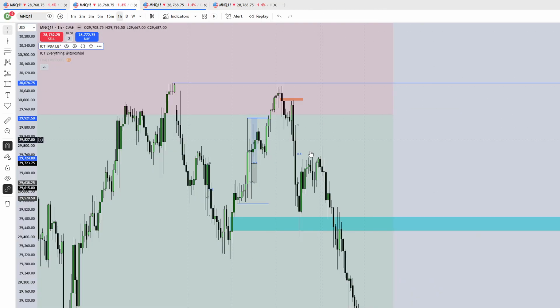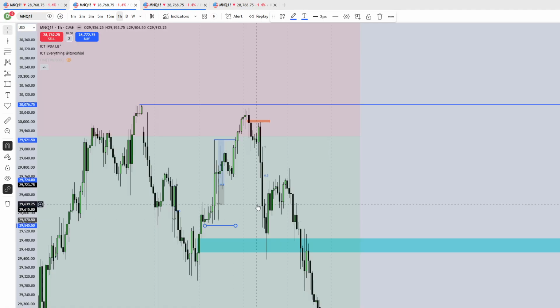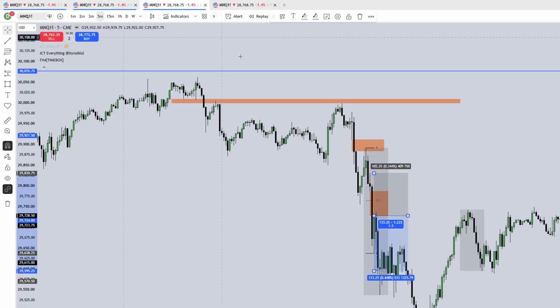and then I'll go to my hourly chart here. I'll get rid of that low. So we're getting short in here, the 10 o'clock candle, and we're targeting this discount BISI, the range. So it looks like that.